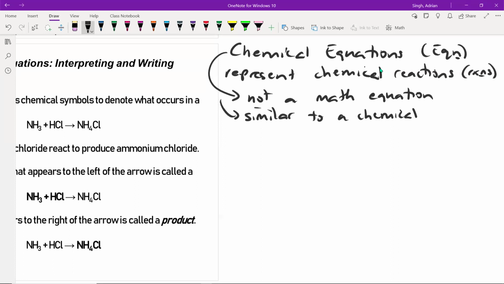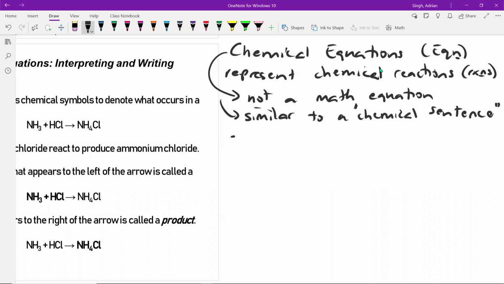Now there are elements to an equation, like in a strict sense, in a chemical equation, but we'll see some differences here in a second. So it's similar to a chemical sentence, and we'll give you an example here.